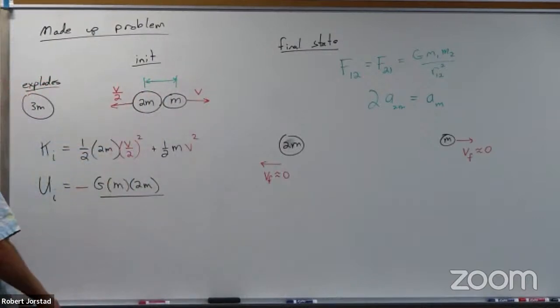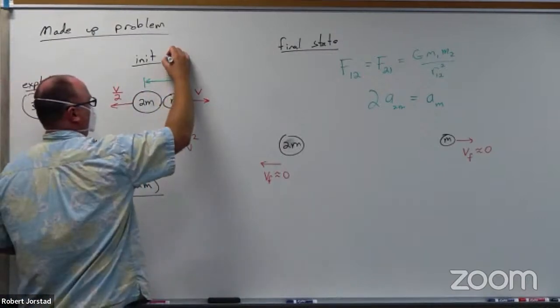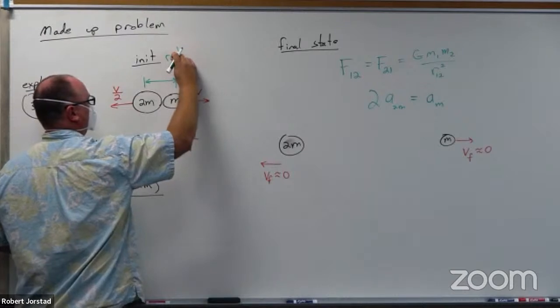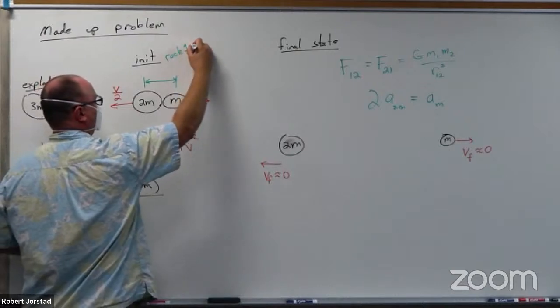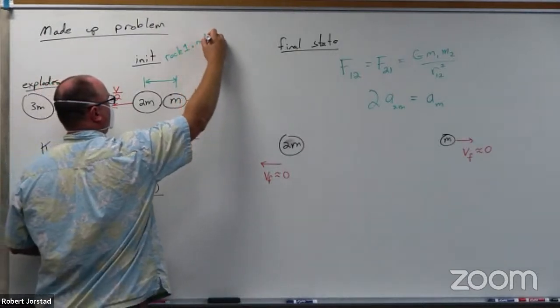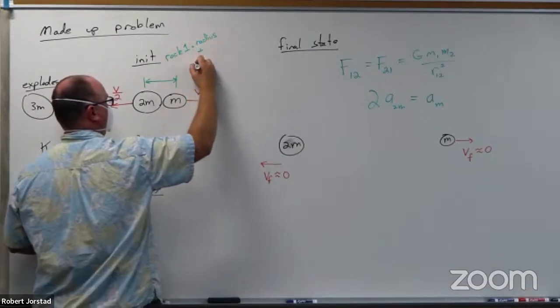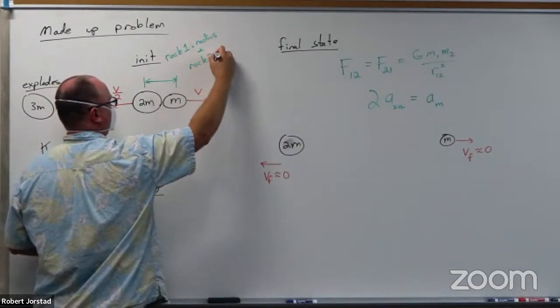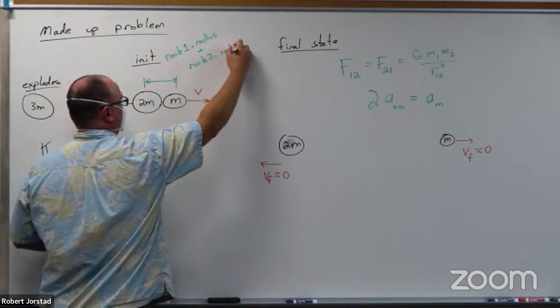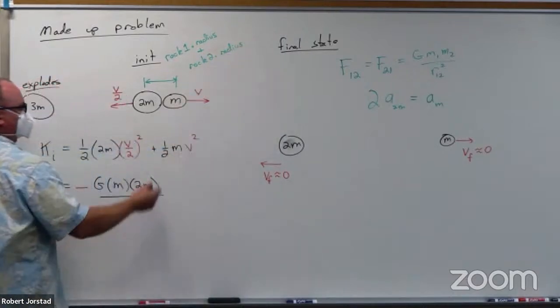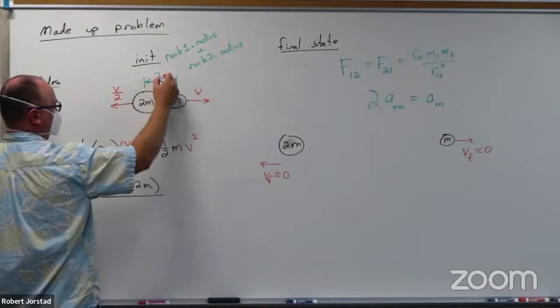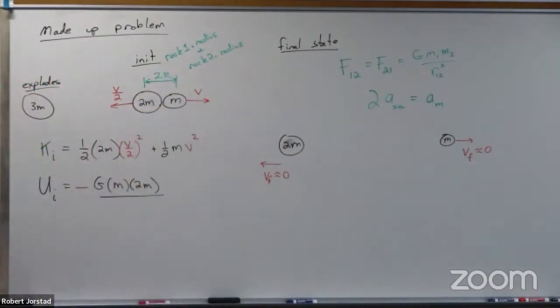In code, we've always been saying it's like rock 1 dot radius plus rock 2 dot radius. You know what I'm saying? However, can we just cheat and call it 2 times the radius? Let's assume they're approximately the same radius.